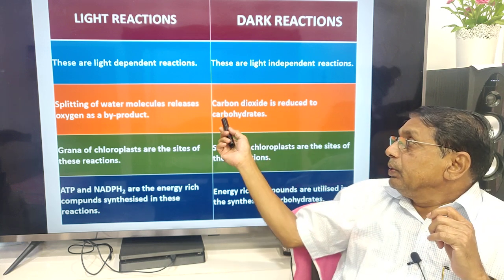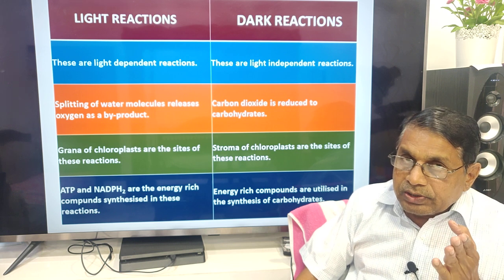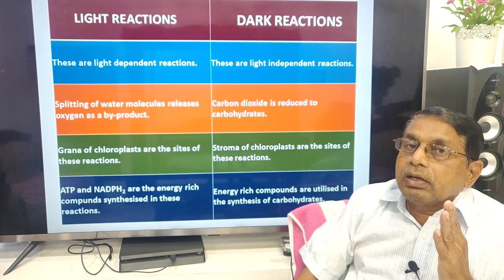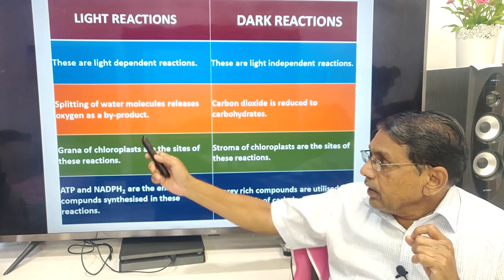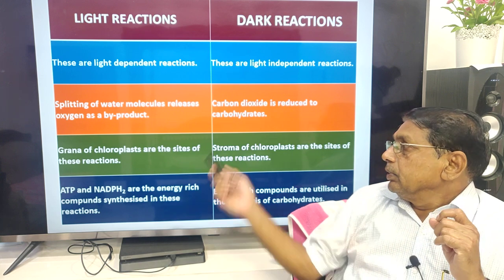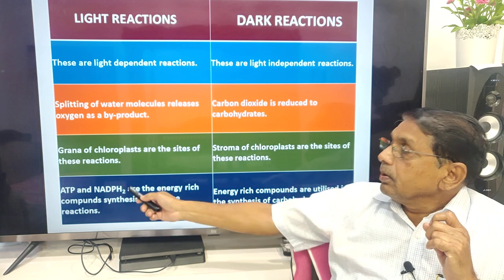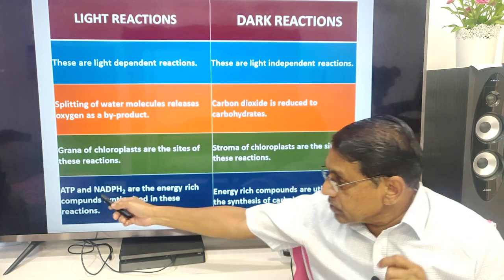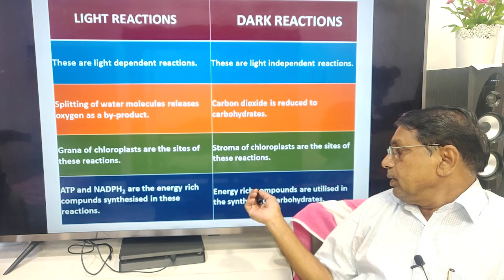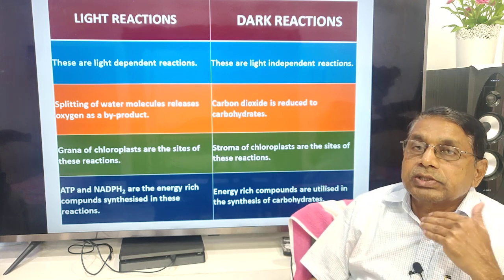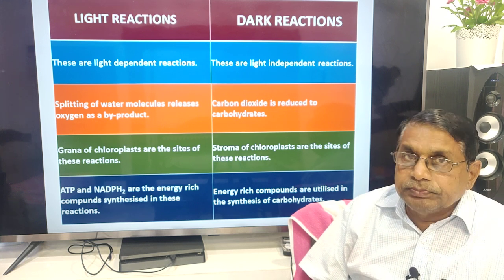Carbon dioxide, which is in the oxidized state, is reduced to a carbohydrate. Reactions take place in the grana of the chloroplast, these in the stroma of the chloroplast. The products of light phase reactions are ATP and NADPH2. Here, the products of the dark phase reactions are carbohydrates, water, oxygen.